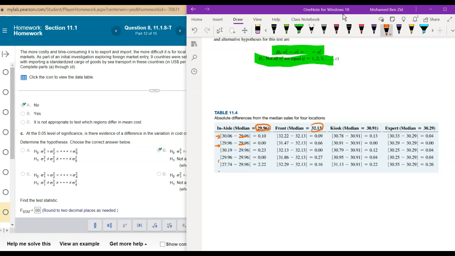Then you take the median of the second column and do the same thing, the first value in the second column minus the median, and so forth, and you take the absolute value, of course. This is going to constitute another table. Once you run this table through an ANOVA test, it's going to give you the F statistic.